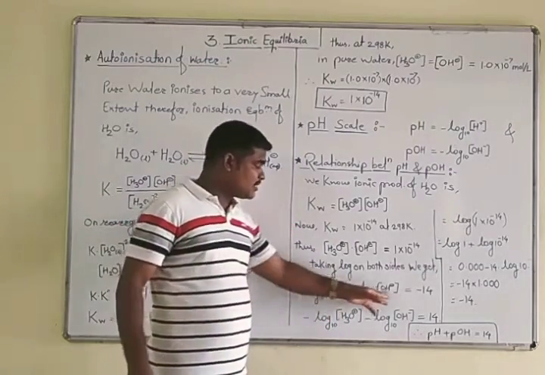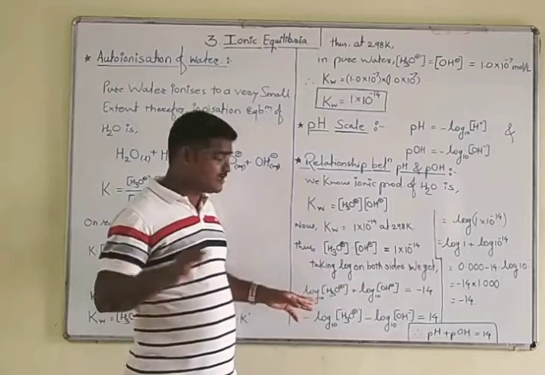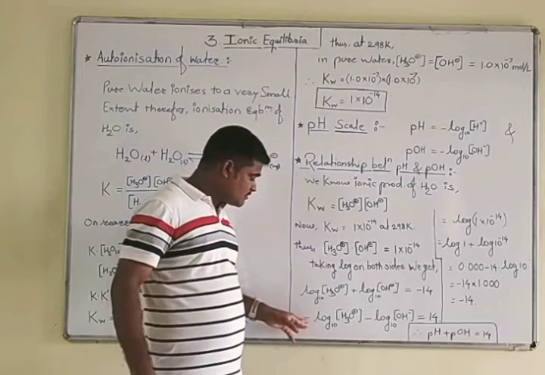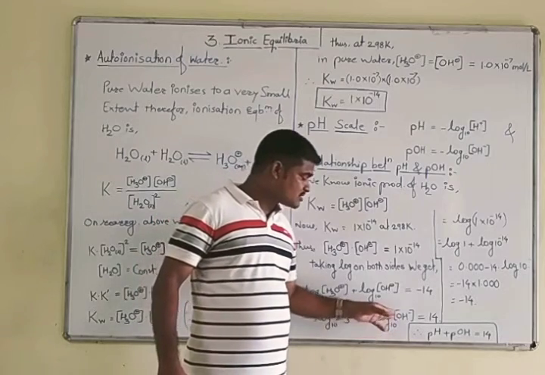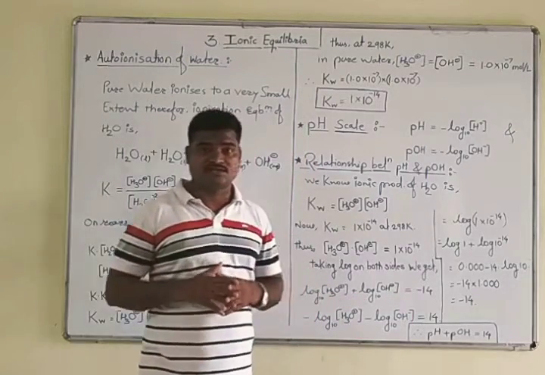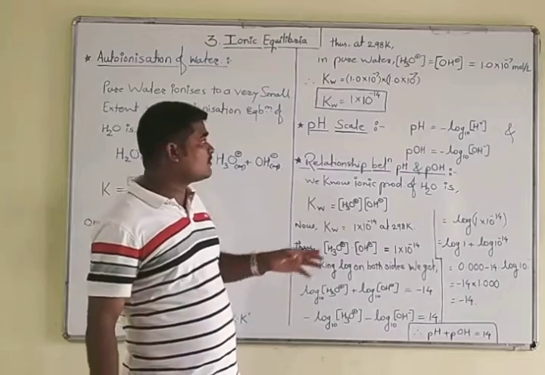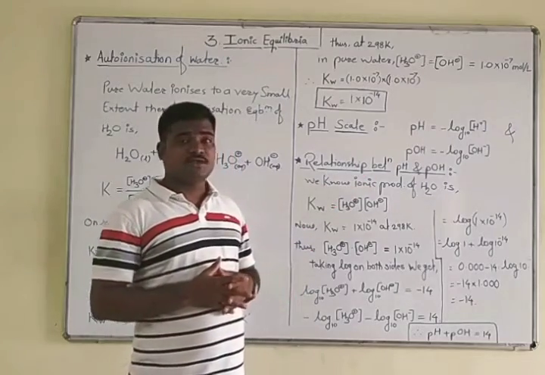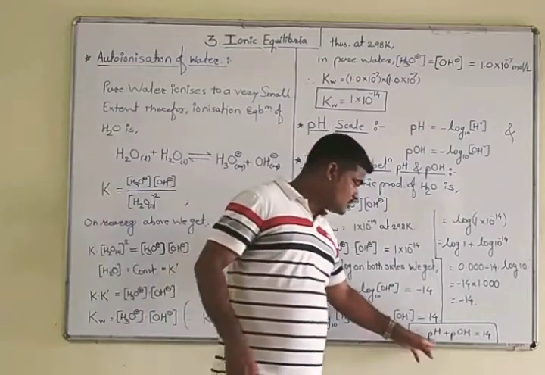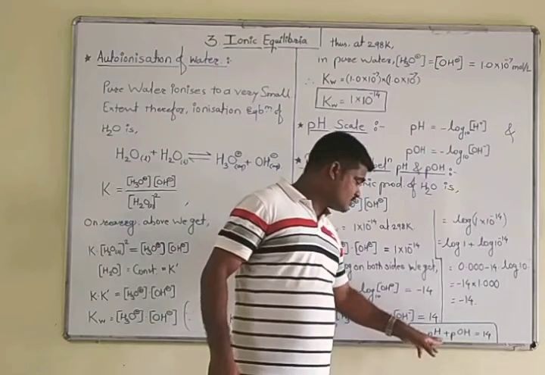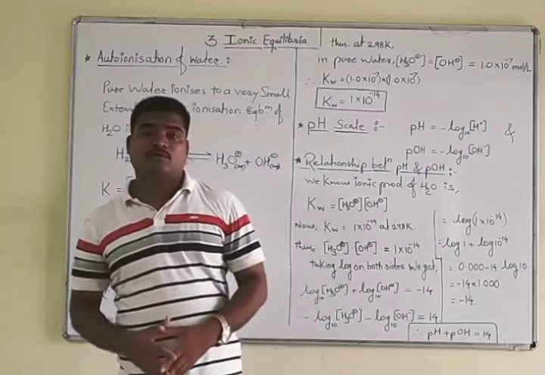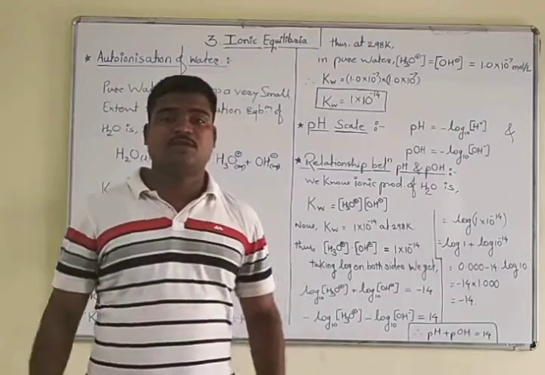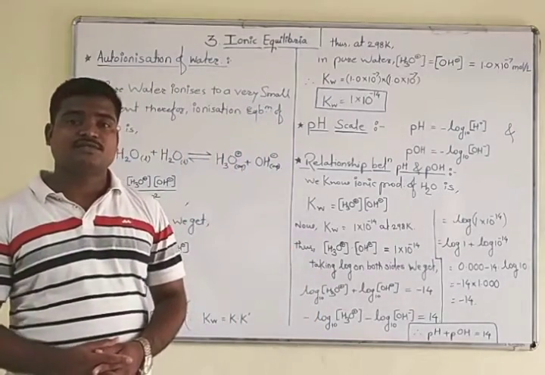So I have multiplied throughout this equation by a minus sign. We will get minus log to the base 10 of H3O plus, minus log to the base 10 of the OH minus ion concentration. This is nothing but pH and pOH. Therefore in the final equation we have pH plus pOH is equal to 14. So this is the relationship between pH and pOH.